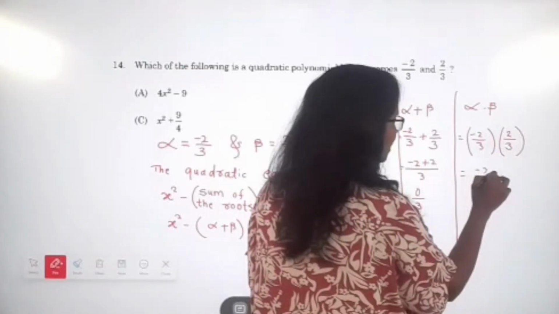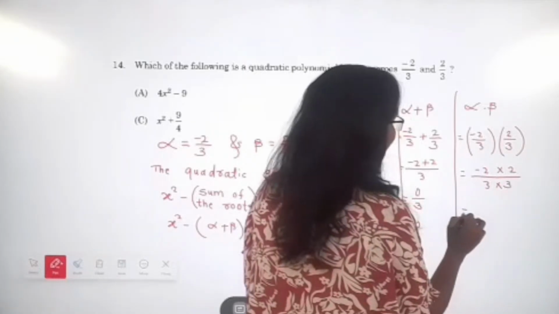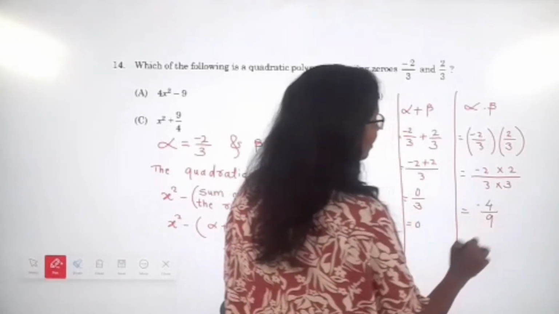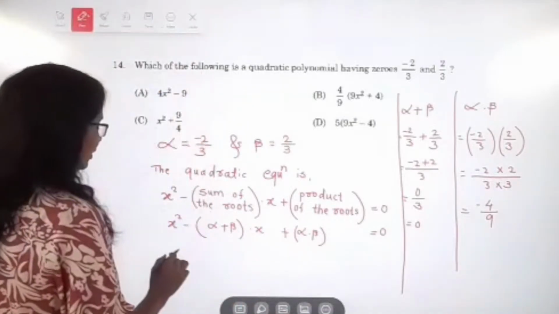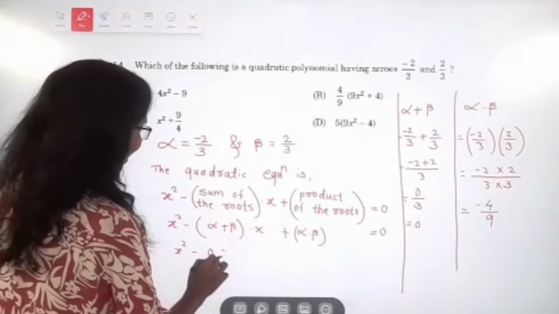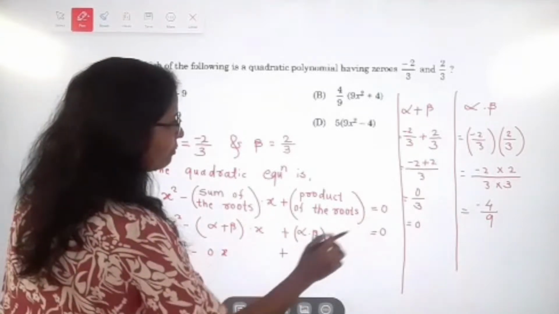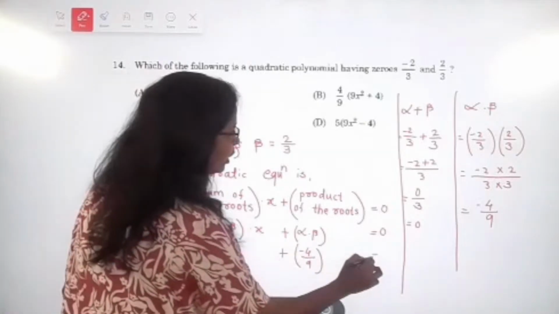That means minus 2 multiplied by 2 divided by 3 multiplied by 3, so minus 4 divided by 9. So, students, I put these values in this equation: x square minus 0x plus alpha beta, that means minus 4 upon 9, which is equal to 0.